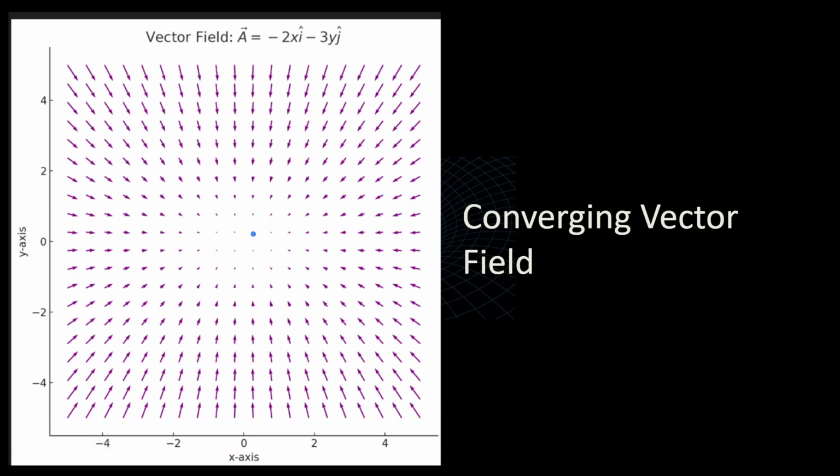So if I put the values of x and y and draw this graph, so they will point at a certain single point. So it seems that all the vectors are coming to a single point. So such a field is called as the converging vector field. So it is also referred to like positive divergence and negative divergence.